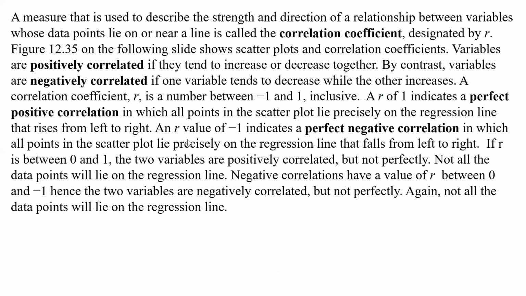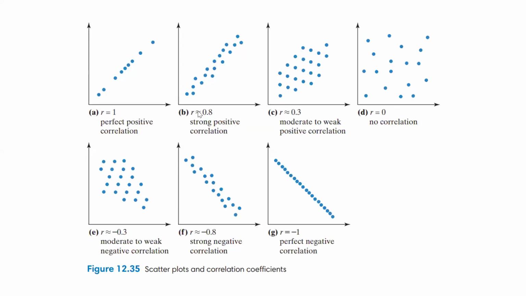All right. If R is between 0 and 1, the two variables are positively correlated, but not perfectly, and not all the data points will lie on the regression line. Negative correlations have a value of R between 0 and -1, and they're negatively correlated, but again not perfect. As we go smaller and smaller with positives, not everything is going to lie on the line, and even less here.